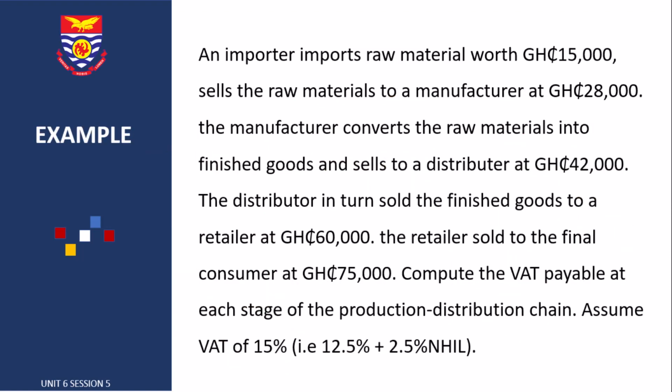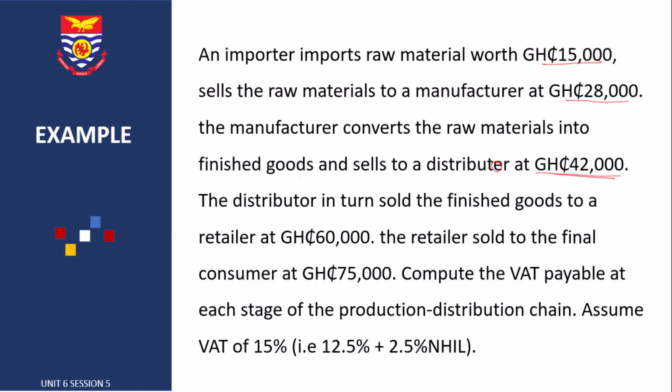Let us take our last example. An importer imports raw materials worth 15,000, sells the raw materials to a manufacturer at 28,000. The manufacturer converts the raw material into finished goods and sells to a distributor at 42,000 Ghana cedis.